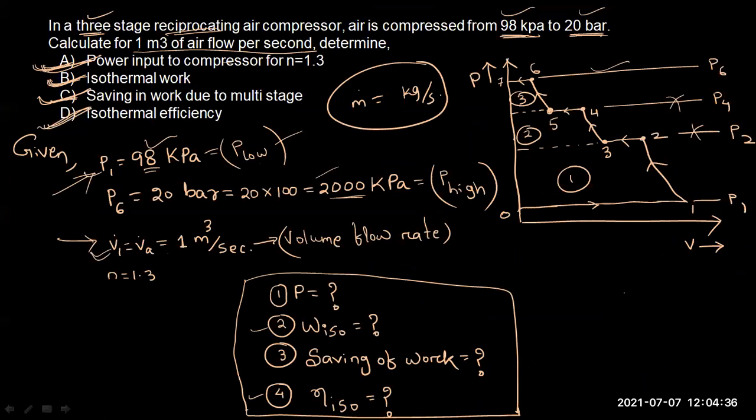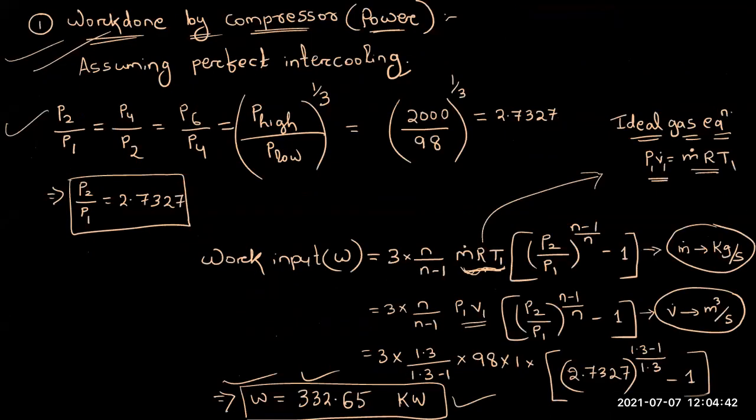Isothermal efficiency also we have calculated. Right. So you have to keep in mind whether you have to put the mRT formula or the P1 into V1 formula. Because for the ideal gas equation, PV equals mRT. If in the question paper the mass flow rate is mentioned in kg per second, you apply mRT.